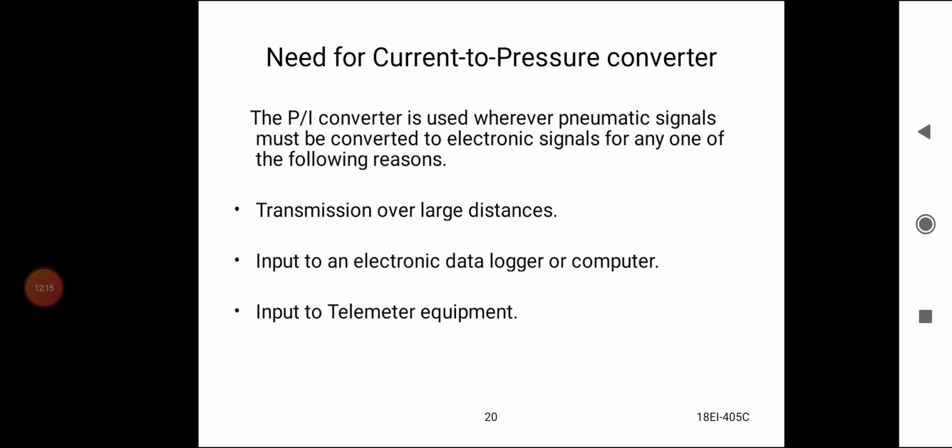So for these, you need P2I conversion. Also when the instrument is not available at the receiver controller.